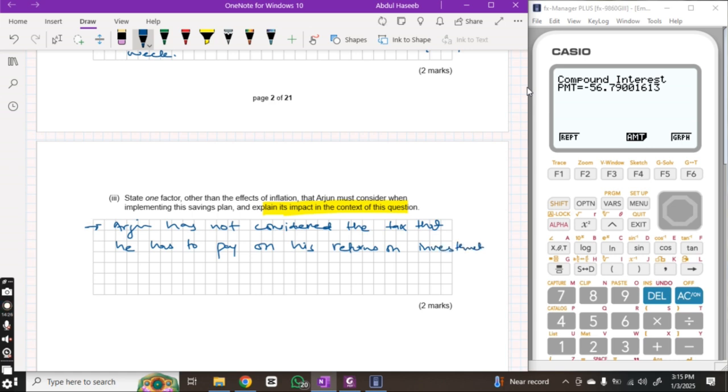Based on his annual income, Arjun would have to pay tax according to the marginal tax rates.